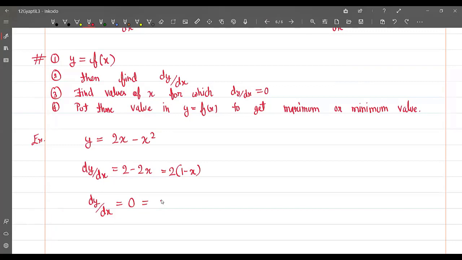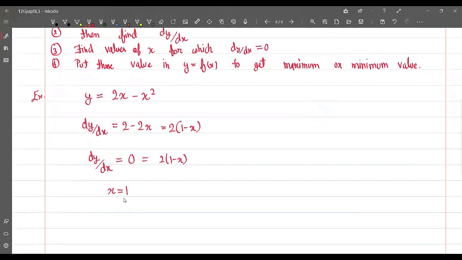That will be when x is equal to 1. Putting the value here gives 2 minus 1 equals 1. If you put any other value like 0, it will be lesser than that. You put 3 here, that will be 6 minus 9, that is minus 3. So this is a maximum.